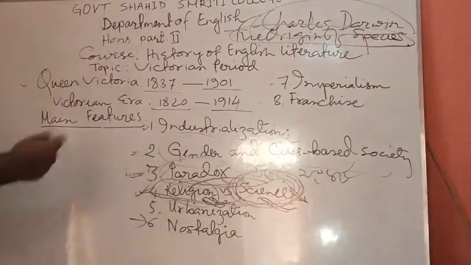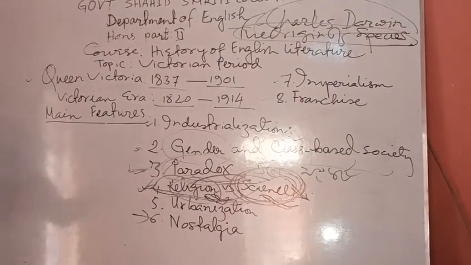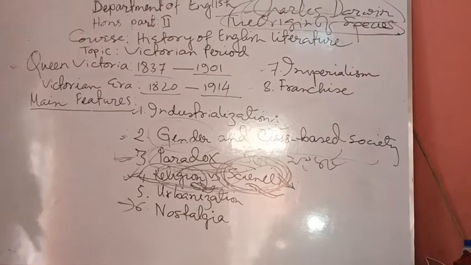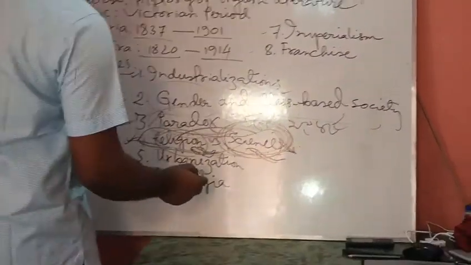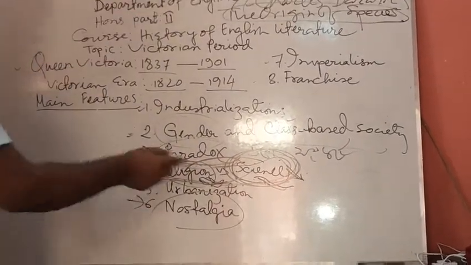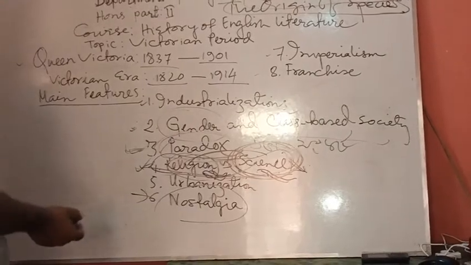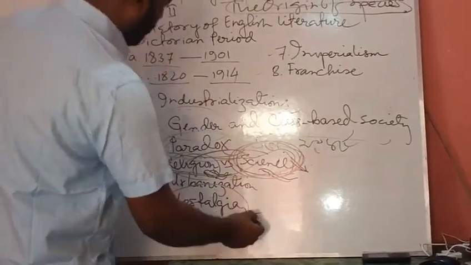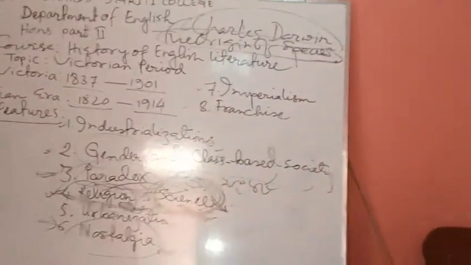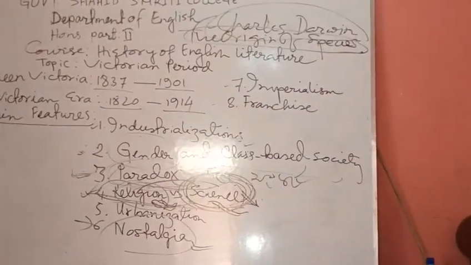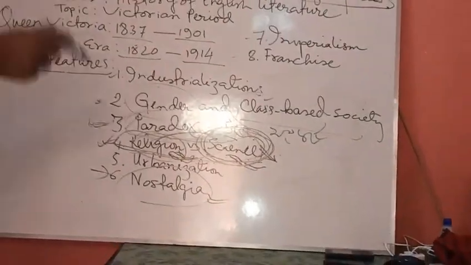Nostalgia, as I have already mentioned, Victorian people were very much nostalgic for the past. Thomas Carlyle, Matthew Arnold, and some other authors use this view of Victorian people in their writings. They were craving to get back the past, past ideologies, past lifestyle. They wanted to go back to nature.